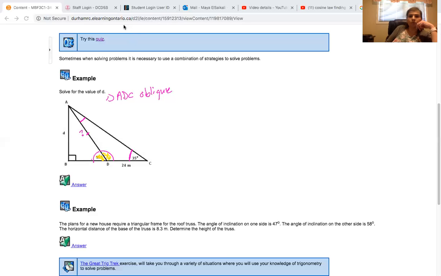So to find angle ADC, it's equal to 180 minus 55, because then I can find this angle here.